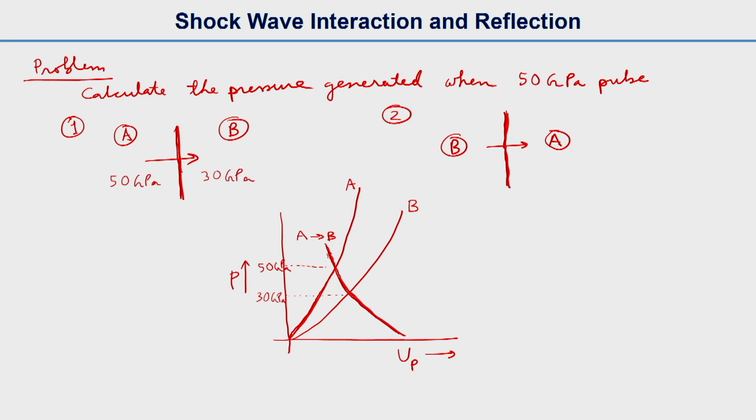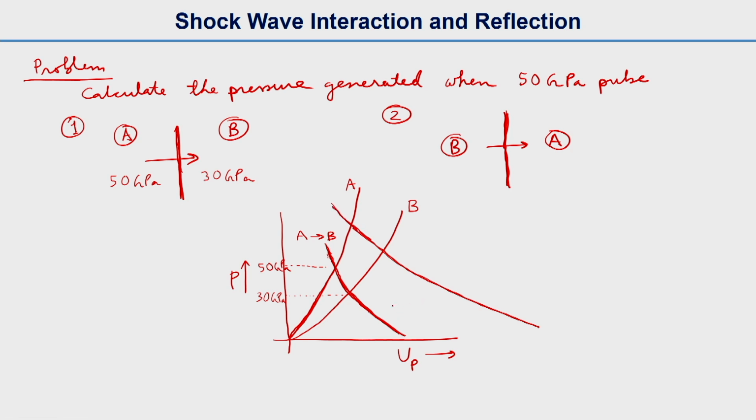In the other case, what we can do is we can draw the reflected curve as something like this. So the reflected curve will be mirror image of B. We will draw a mirror image of B. So the mirror image of B is this reflected curve, or we can even name both of them.